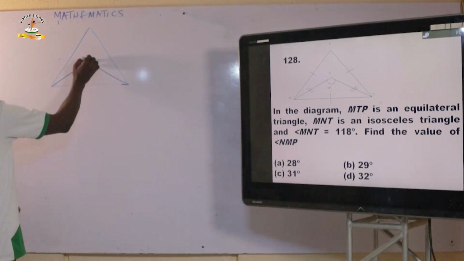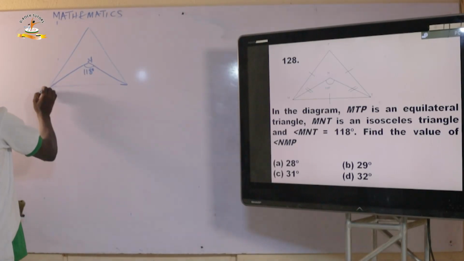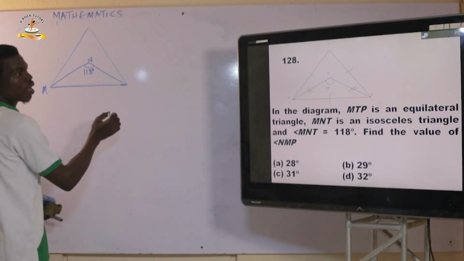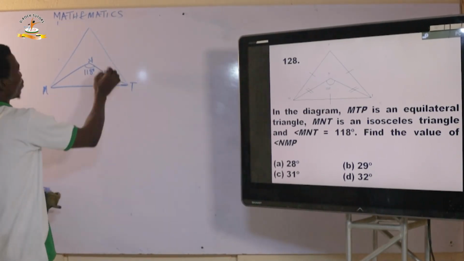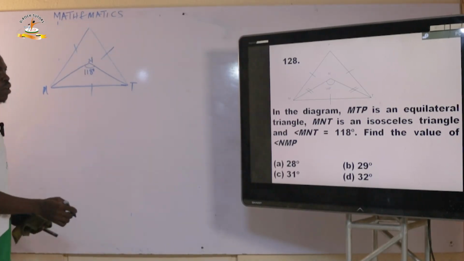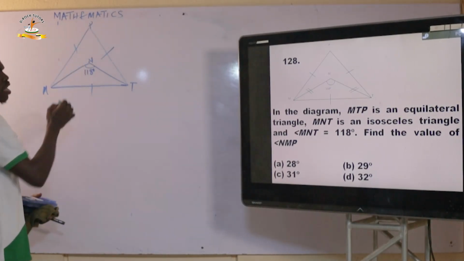And this is N, this M, and this is T. So this side are all equal, and it is P here.